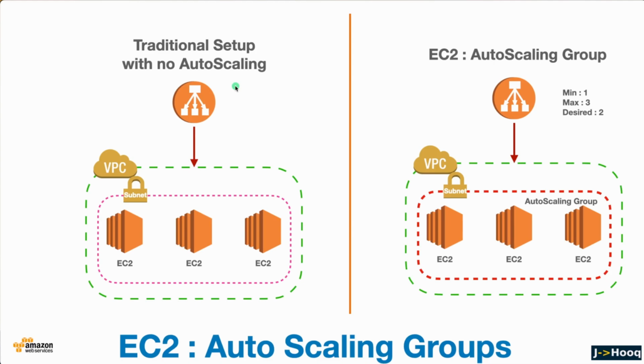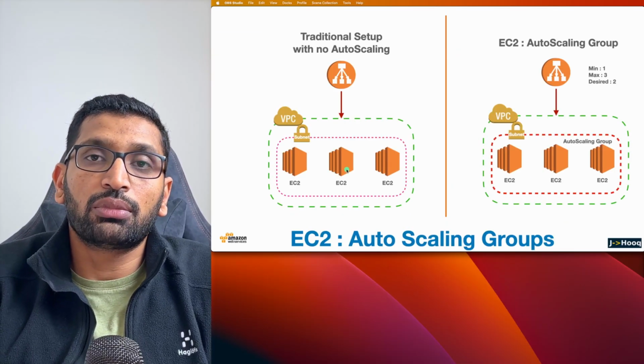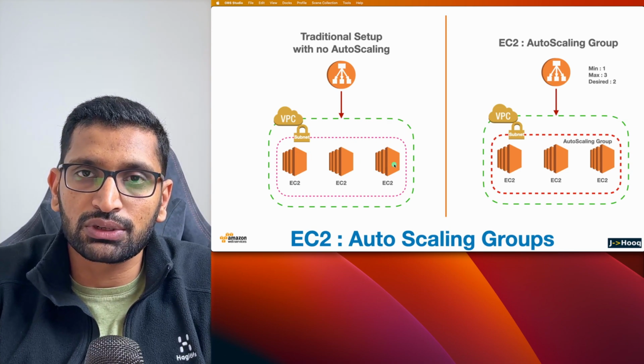So in the traditional way, requests come to the load balancer, are routed to the VPC, and eventually end up on our subnet where our EC2 instances are running. In the traditional setup, we just predefine the number of EC2 instances. Here you can see there are 3 instances running.